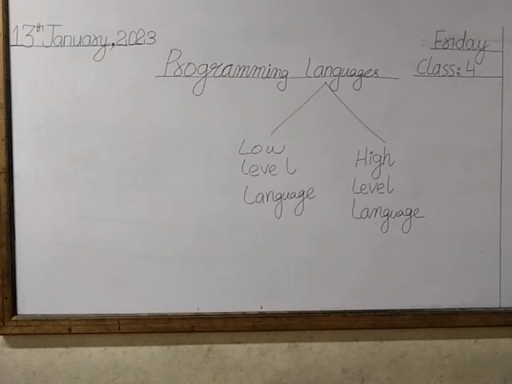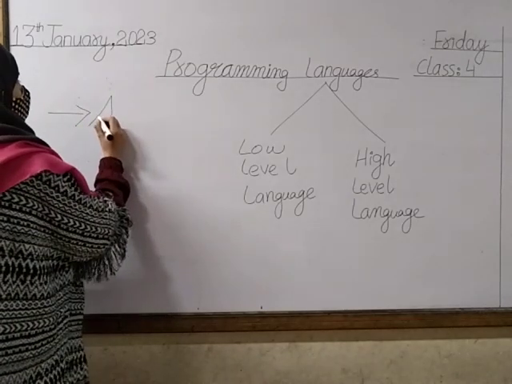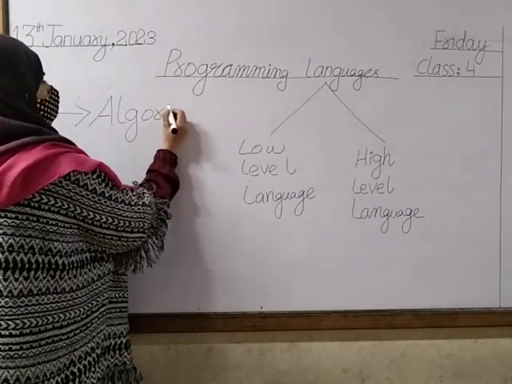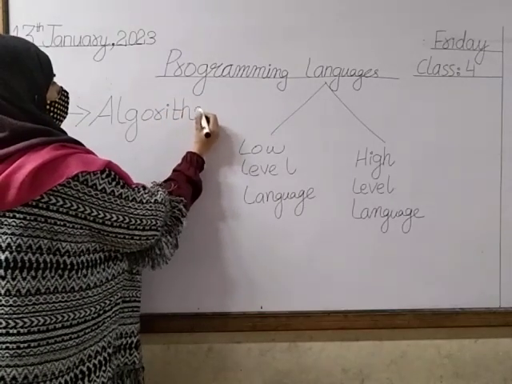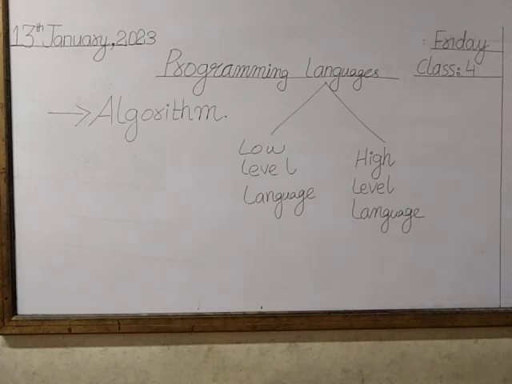So we have discussed three basic steps of programming language. Zareen, can you please tell me what are these three steps? Yes, the first step is algorithm. What is the second step?